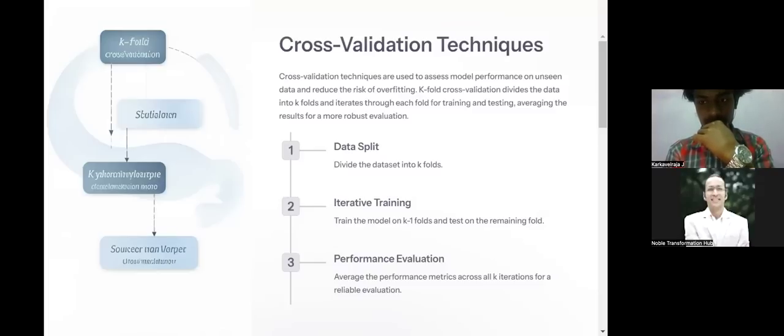So same way, it will average the performance of metrics across all k iterations which k fold has done. Okay, for reliable evaluation. So this is how the optimality of the performance is achieved with cross validation technique, and that's why it's a powerful technique. So let's move to the other section.